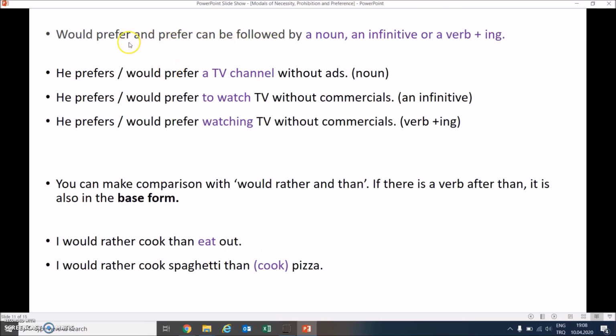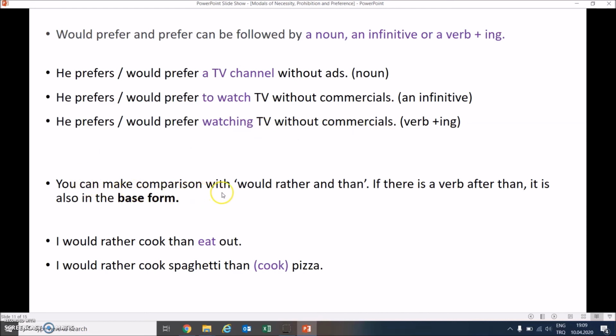By the way, would prefer and prefer can be followed by a noun, an infinitive, or a verb ing. He prefers or would prefer a TV channel without ads. He prefers or would prefer to watch TV without commercials. He prefers or would prefer watching TV without commercials.